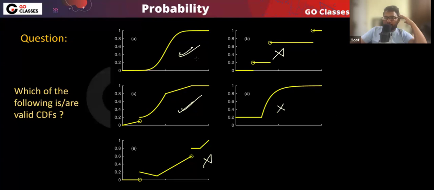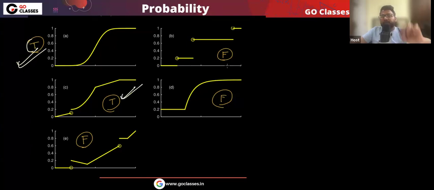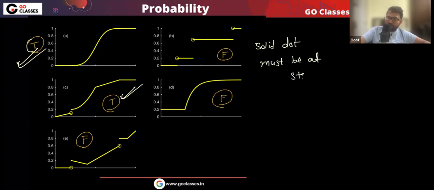Okay, A and C. Let's see the answer. So A is valid. This is true. C is valid. And these are invalid. Can you write the reason? Why is this invalid? Because solid dot must be at the start. Why is this invalid?